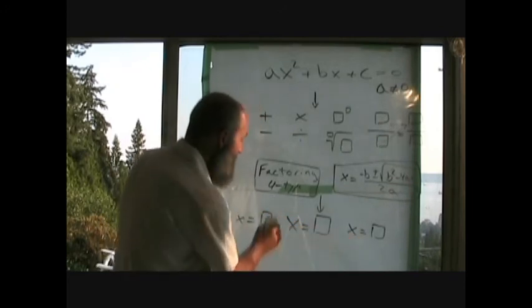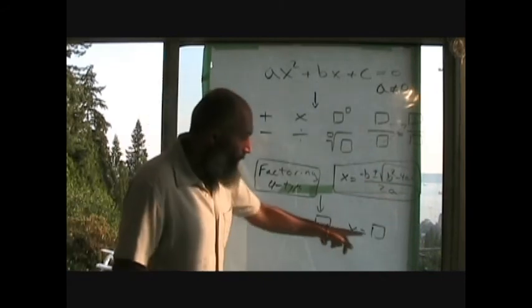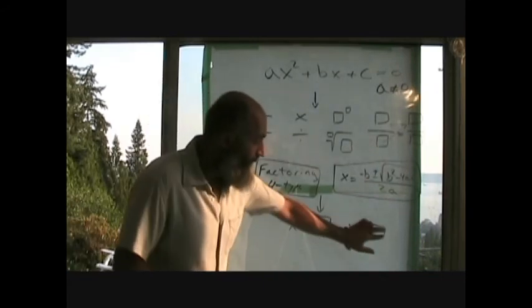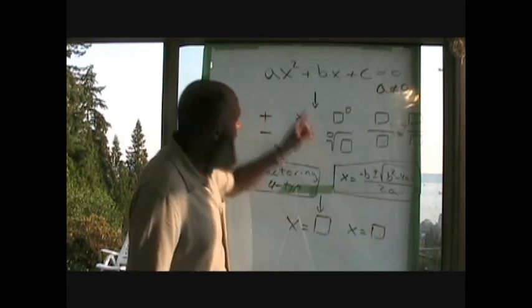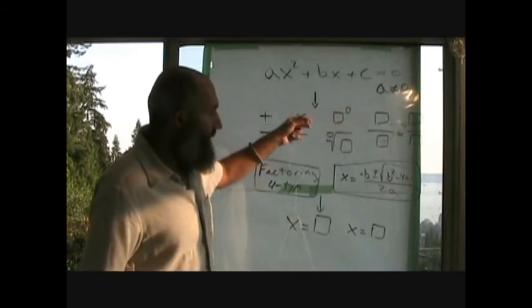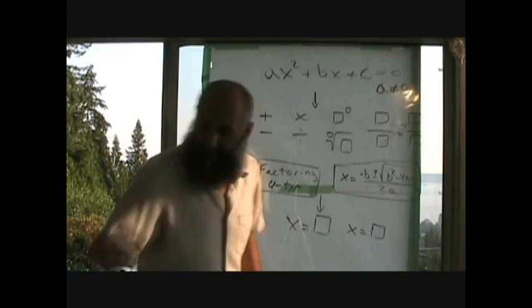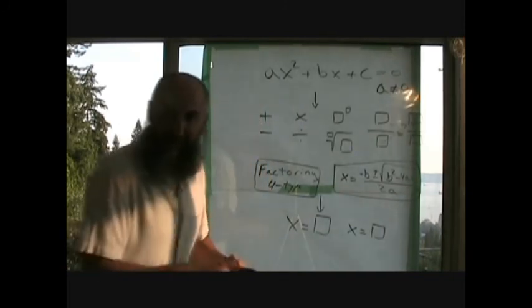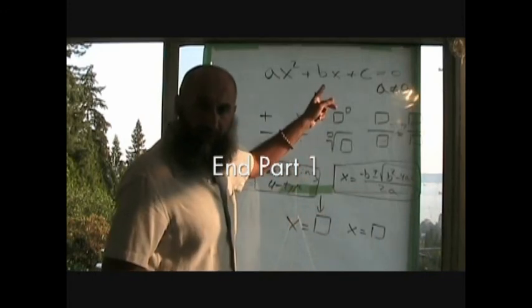You're going to have at most 2 solutions, sometimes only 1 solution, sometimes no solution. Because quadratic functions, and we talked about this a little bit, represent parabolas, and parabolas are just things like this, and they have this form to them. So let's get rid of this stuff and talk about the quadratic equation a little bit.